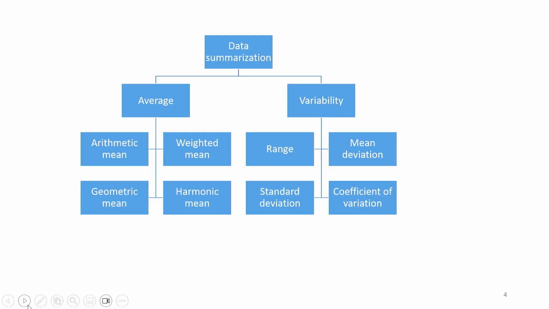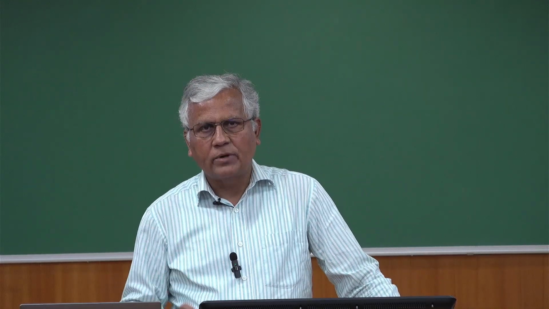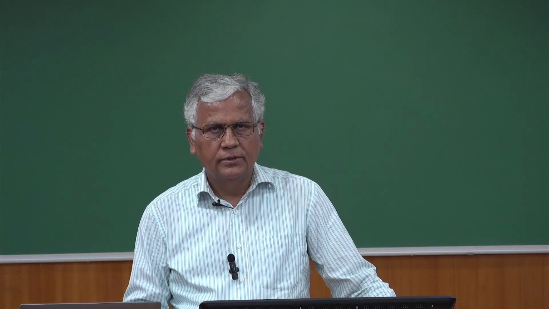The other part, which is the scattered part of the data, that is the variability aspect of the data, can also be quantified, or you can say characterized, in four different ways. The first one is range.